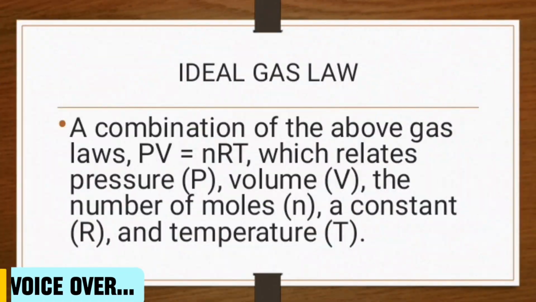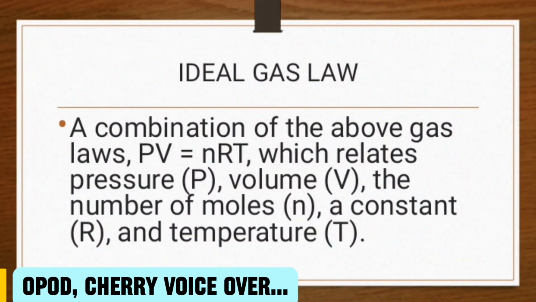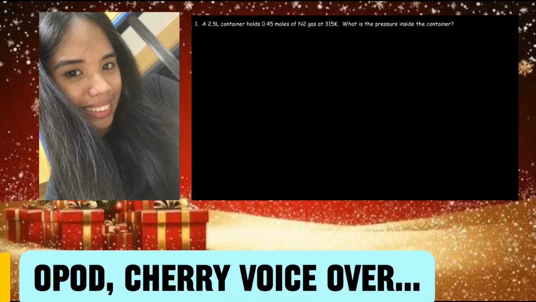Ideal gas law. A combination of the above gas laws: PV equals nRT, which relates pressure, volume, the number of moles, a constant, and temperature. A 2.5-liter container holds 0.45 moles of nitrogen gas at 315 Kelvin. What is the pressure inside the container?